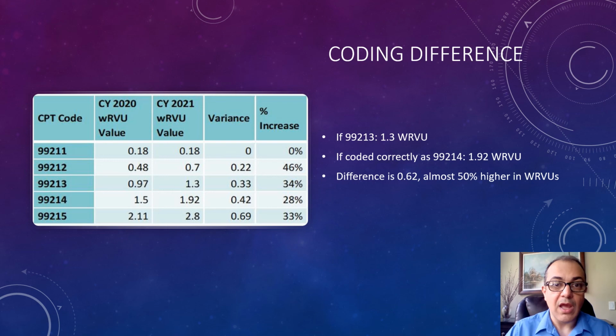Now, obviously, we're talking about correctly coding the cases. We're not asking you to increase the code for a case that didn't qualify for a level 4. You should never do that. You should only document and bill for what you actually documented.